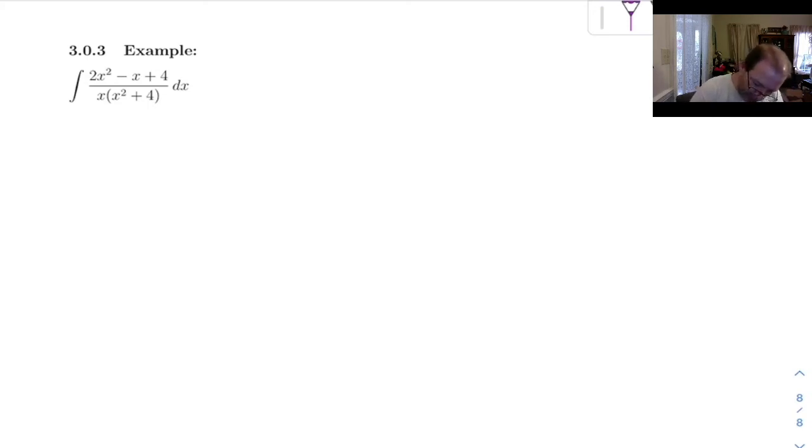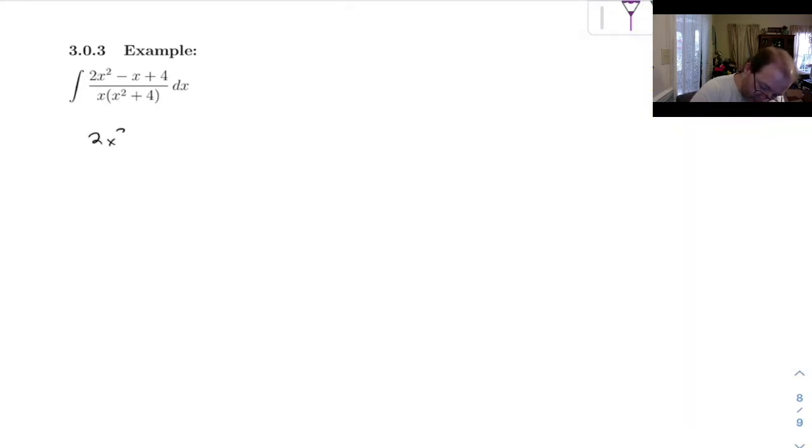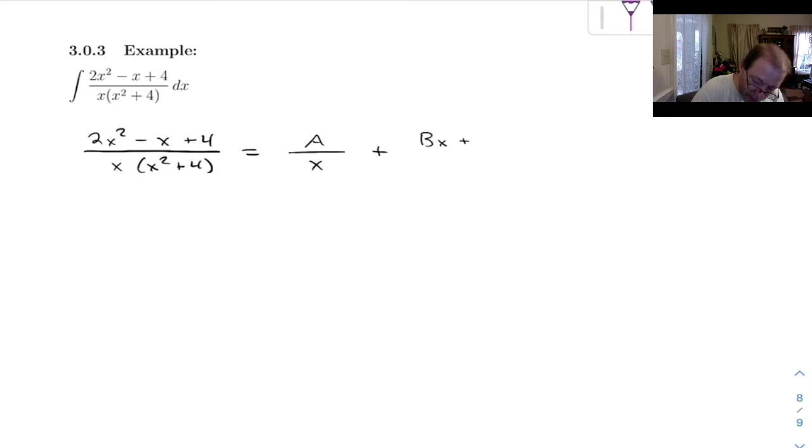So let's split that up. We've got 2x squared minus x plus 4 over this. I'm going to split that into a over x plus bx plus c over x squared plus 4.